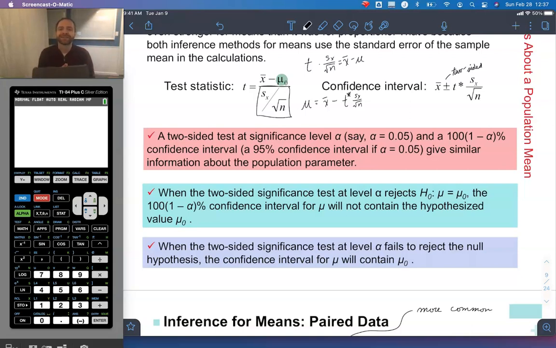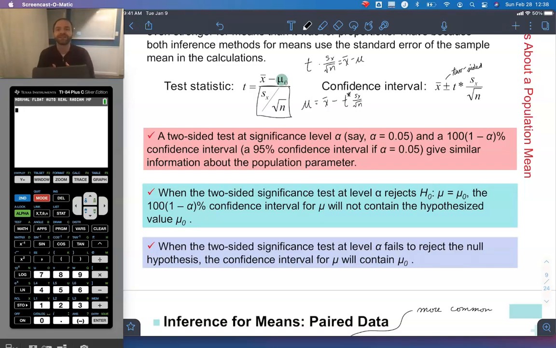So when the two-sided significance test at level alpha rejects your null hypothesis, the confidence interval will not contain it, because if your confidence interval says we are 95% confident this will capture it, and whoop, there's your mean way over there to the side, and you did not capture it, then it's the same idea as rejecting. It should be in here. Well, it's not. Well, then we're going to reject.